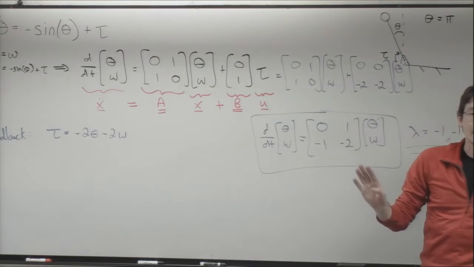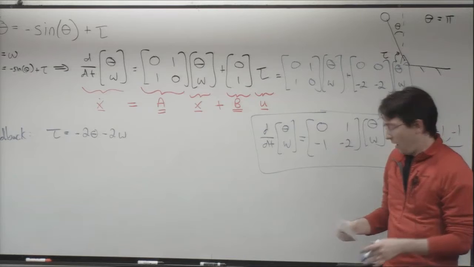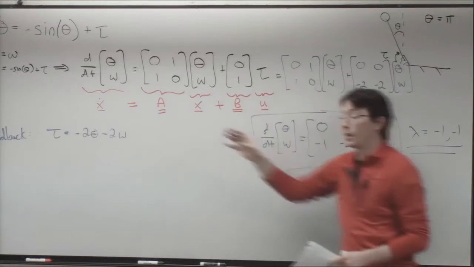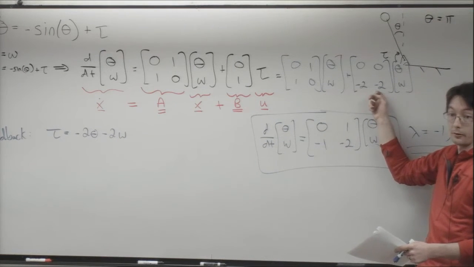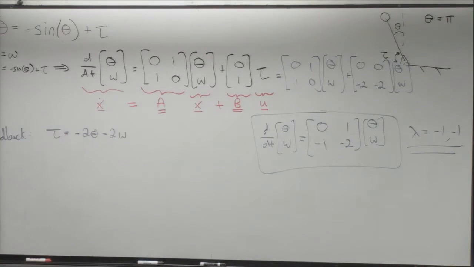So this class is not about controls. I'm not going to ask you to stabilize systems. I'm not going to ask you to cook up the taus that would stabilize a system, but you should be able to analyze the stability of a system that has control or forcing applied. So this is kind of what we've done in the homework. Questions about this before moving on?